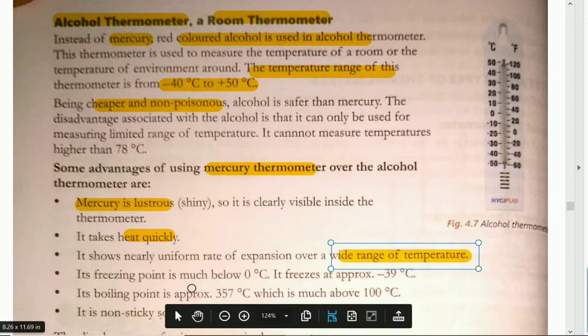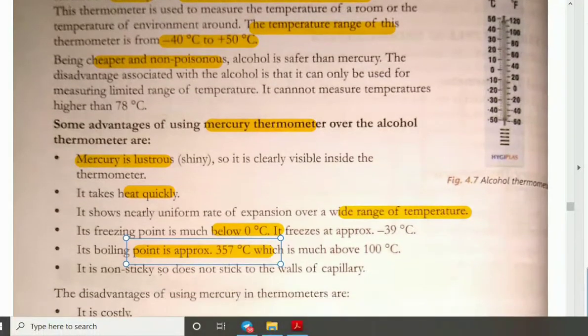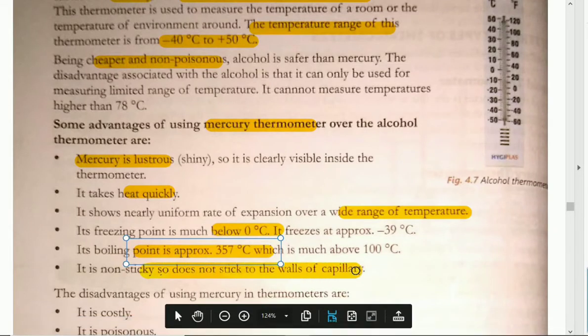Its freezing point is below 0 degrees Celsius and boiling point is approximately 357 degrees Celsius. And mercury is non-sticky on the walls of the capillary, so we can use it properly.